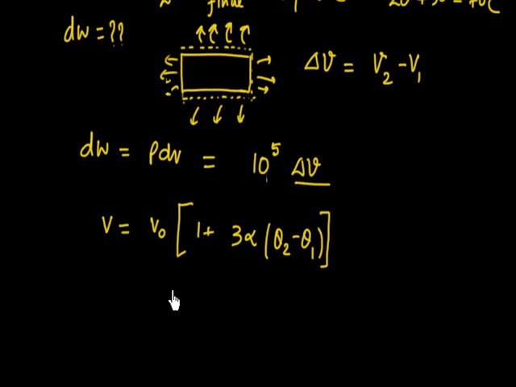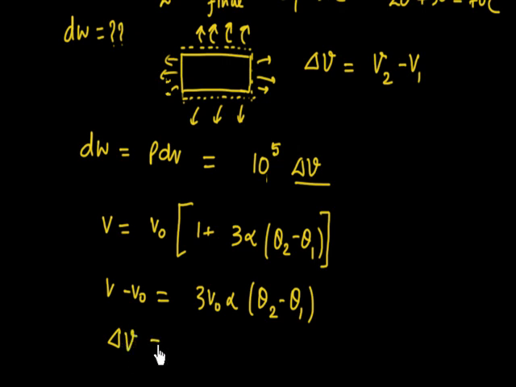Now next line I can write, so this is V minus V naught, this is equals to 3 V naught alpha into theta 2 minus theta 1, and V minus V naught is simply V final minus V initial, that is delta V, that is V2 minus V1. So delta V is nothing but 3 V naught alpha and theta 2 minus theta 1. Are you getting or not?